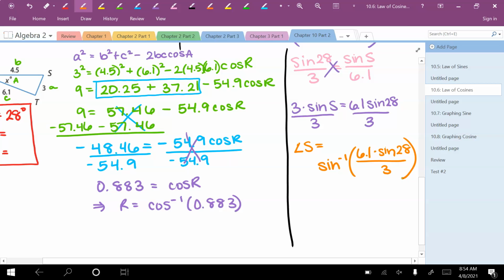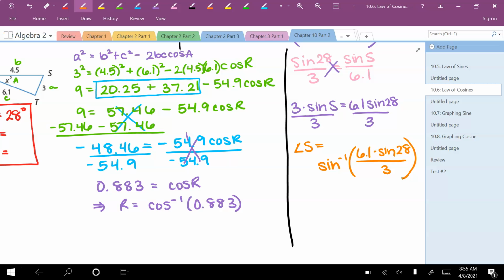Again, I would take 6.1, if you have a calculator, times the sine of 28 first, divide that by 3, and then do your second sine so that you get your inverse. And either type in the rounded decimal, so like this one would round to 0.955. So I get 72.7. So that's going to round to 73.